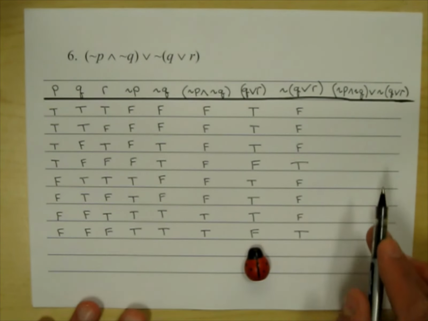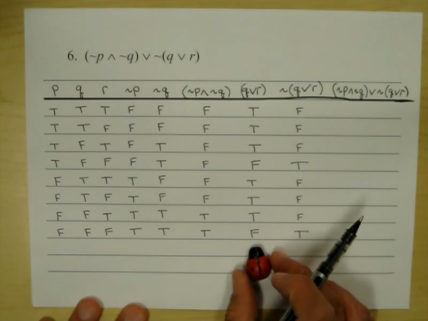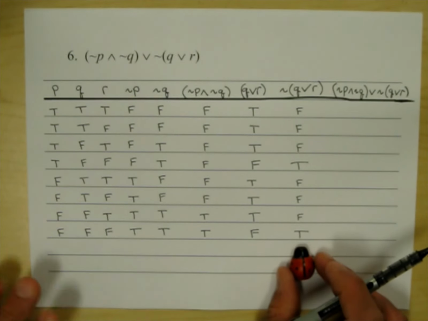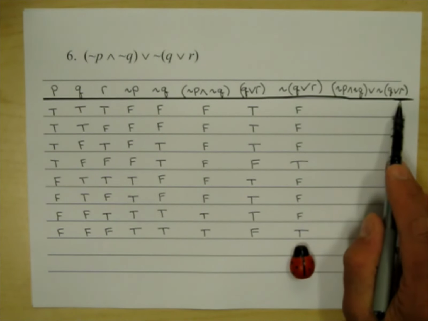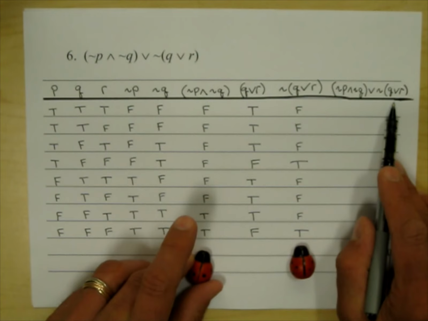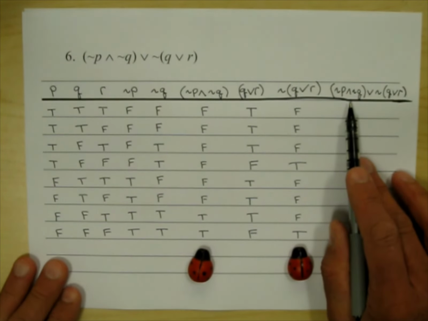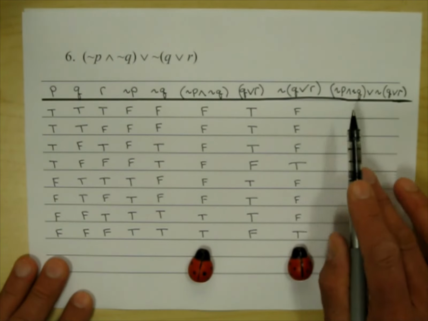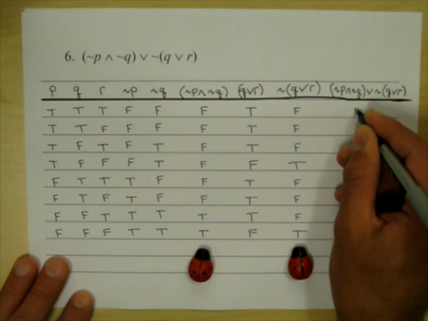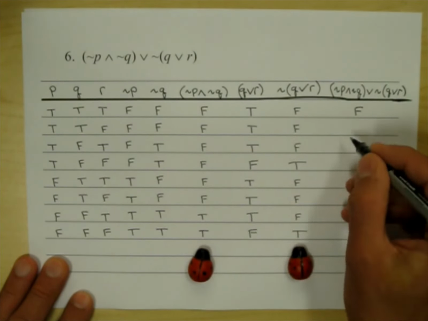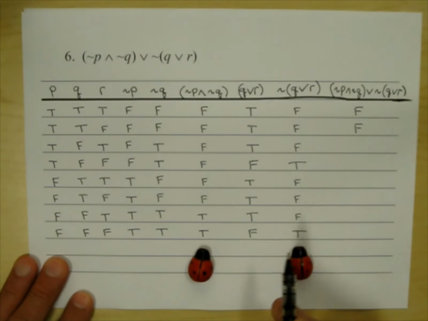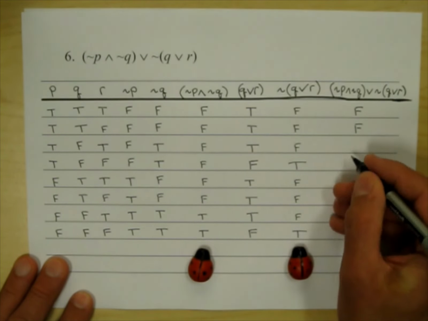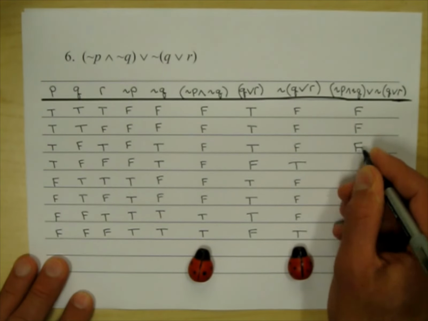Okay, the last thing that I'm going to do is OR this last column that I created, this one right here, with this guy right here, the not P and not Q. So we're going to OR those together and see what we get. We get false or false, false, false or false, false, false or false, false.